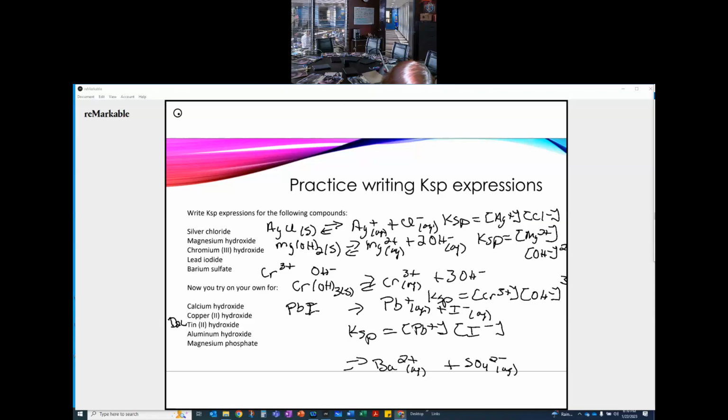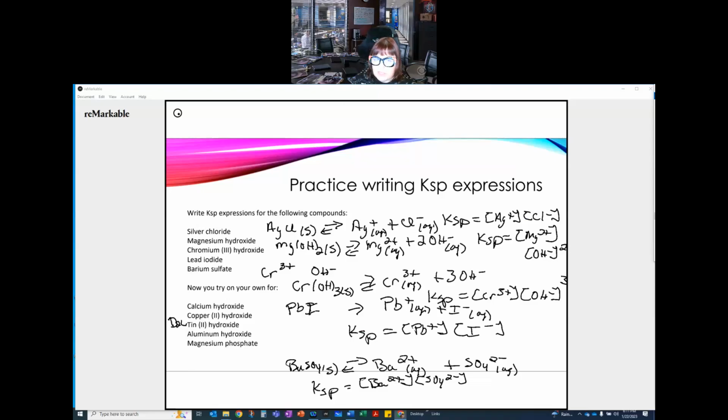So when we put that back together, that's going to be a BaSO4 solid. Ksp for that is still going to be Ba2+ times the SO4 2-. Okay, so those are the expressions right there.